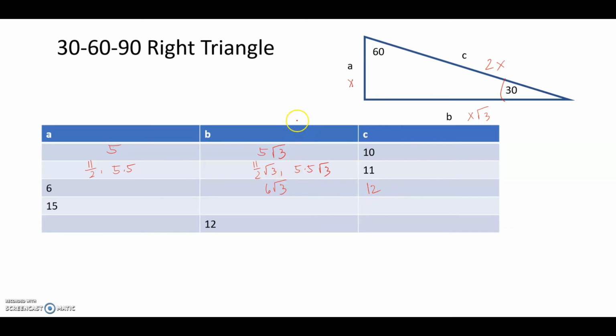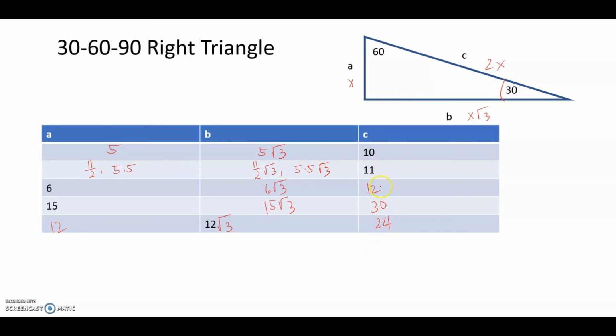Next, for a, you have 15. So for b, you have 15 square root of 3. Then for c, twice of that, so that becomes 30. And then for b, which is 12 square root of 3, a will be 12, then c will be 24.